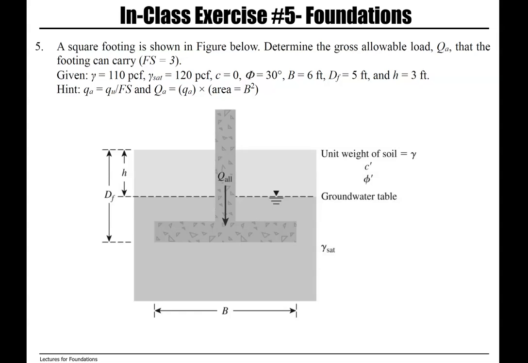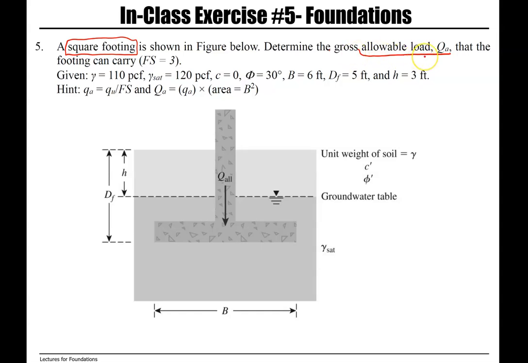Next question. So again, we have a square footing, that's shape of footing that is important for us. And the question is asking us to find the gross allowable load. So pay attention that now we have uppercase Q. Load is different from bearing capacity.